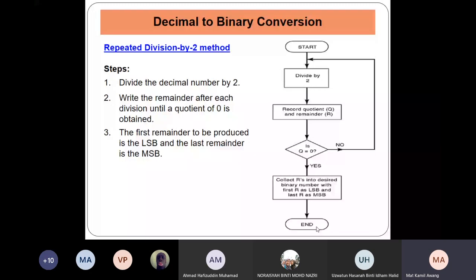You divide by 2 repeatedly until the quotient is 0. Then you collect the remainders as the binary number, with the first remainder as the least significant bit and the last remainder as the most significant bit. Then you end.